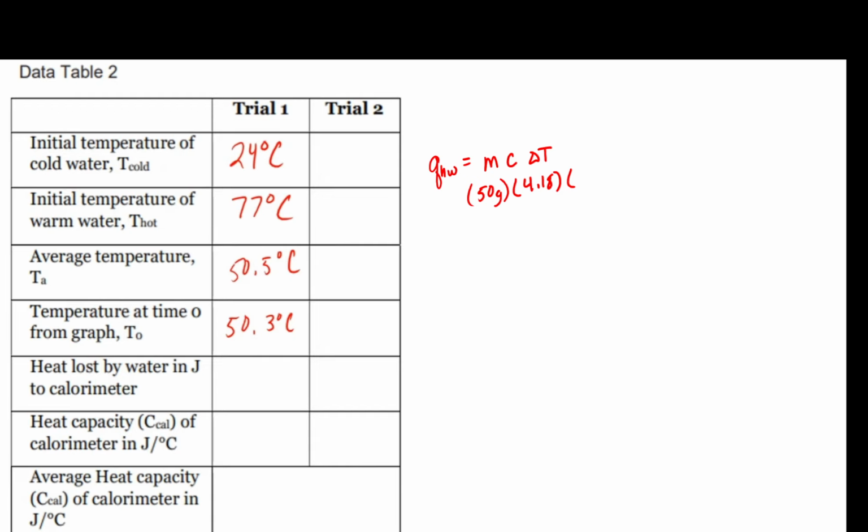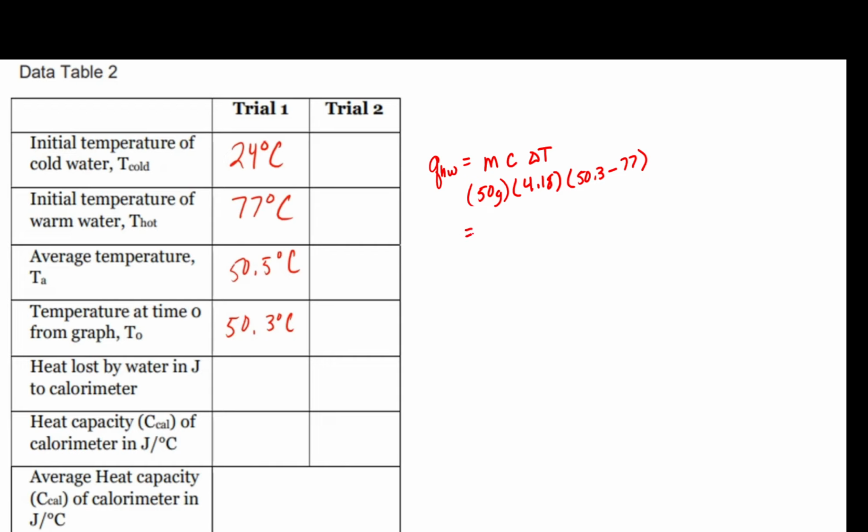And the change in the hot water for me is the hot water started at 77 degrees and ended up at 50.3 degrees Celsius. And we know that the change in something is always final minus initial. So in this case, it would be 50.3 minus 77 degrees Celsius.